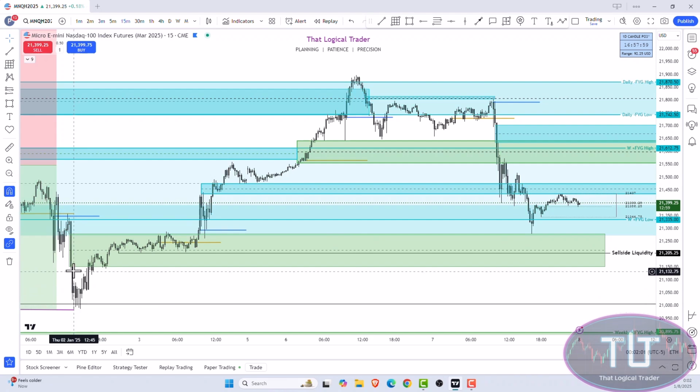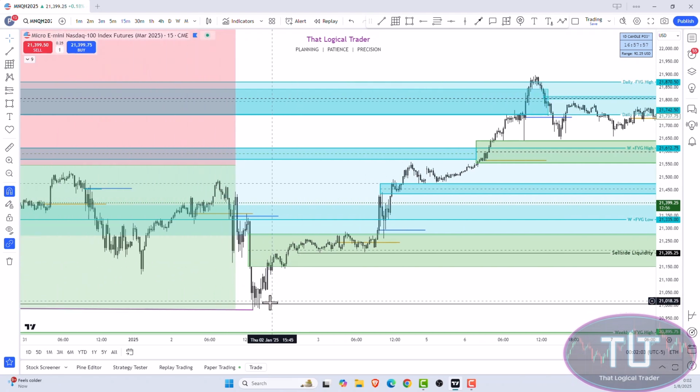This was that move that took the liquidity. So that weekly low that was engaged, we started displacing lower and took that liquidity, and then we came inside of this 15-minute, which was bearish fair value gap. We accumulated this consolidation, and then we started displacing higher and higher and higher until we reached that objective.